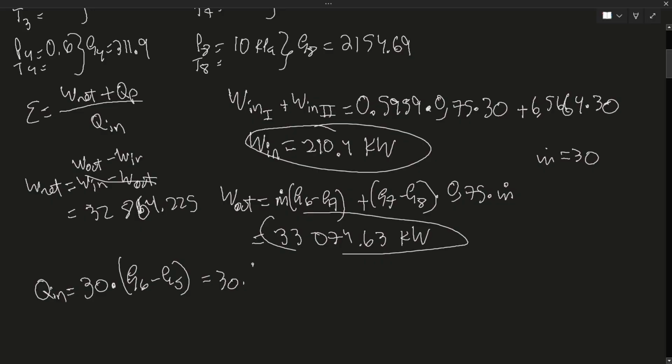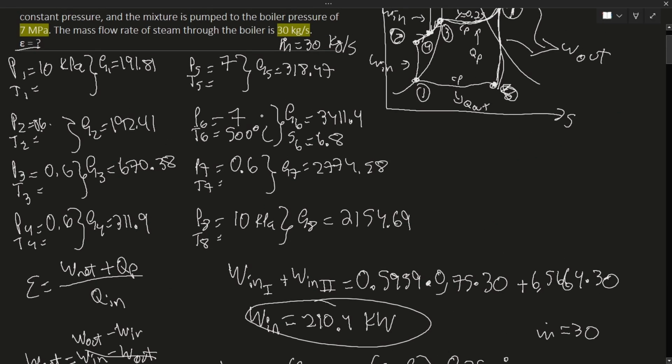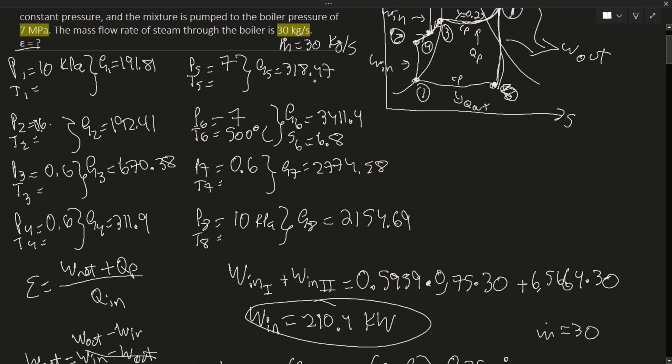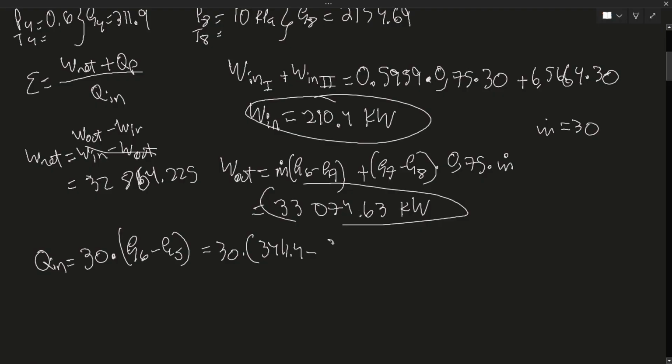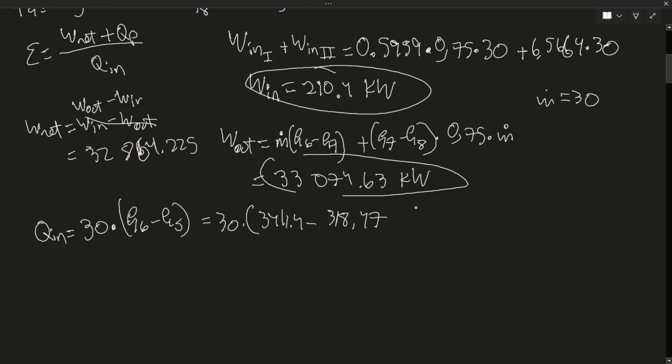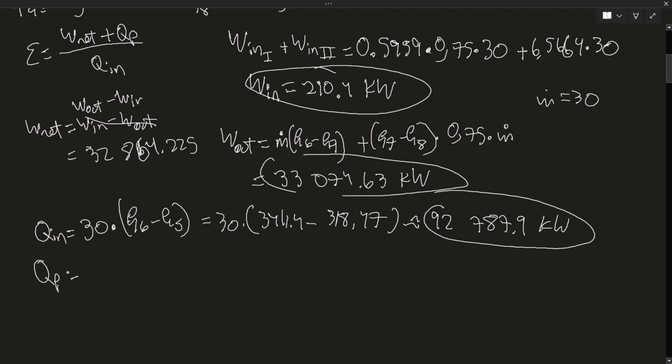H6 was 3411 negative H5, which was 318.47. Calculating this, you'll get a heat in of about 92,787.9 kilowatts. And that's it. We have everything to find the utilization. Actually, no, not yet. You need the Q process.